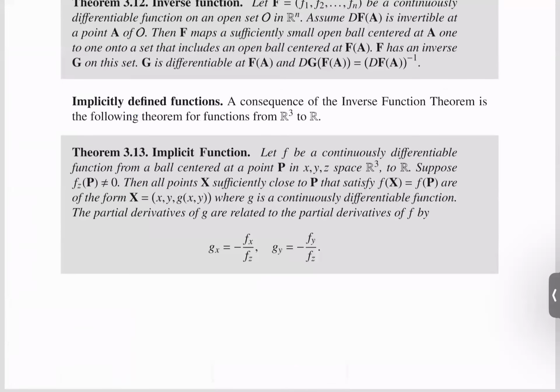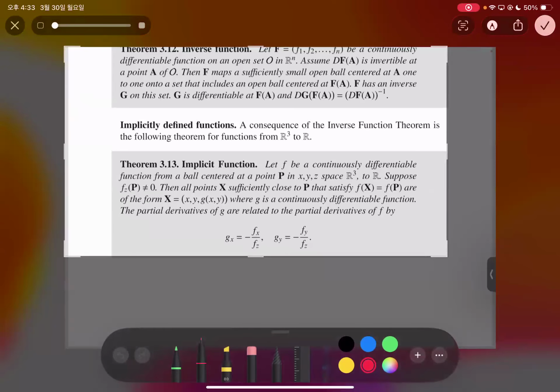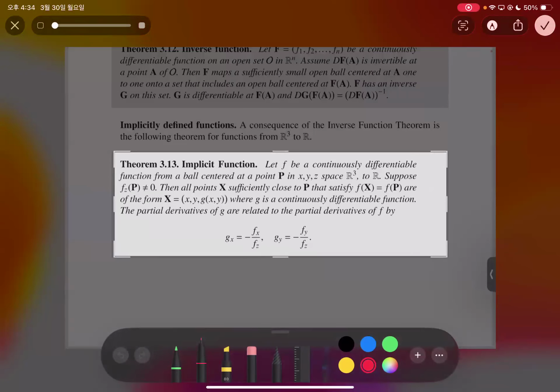Now I can finally introduce the implicit function theorem.